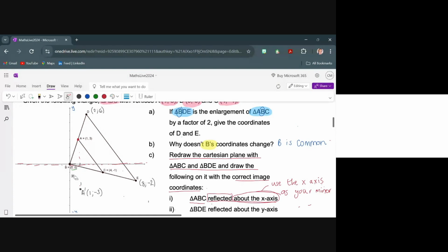Where exactly is it sitting? It's on the origin, it's already sitting on the x-axis. So how am I going to reflect something that's sitting on my mirror? That's not possible. I can't reflect something that's sitting on my mirror, it's just going to sit there. I can't move it, so it won't need to be transformed.